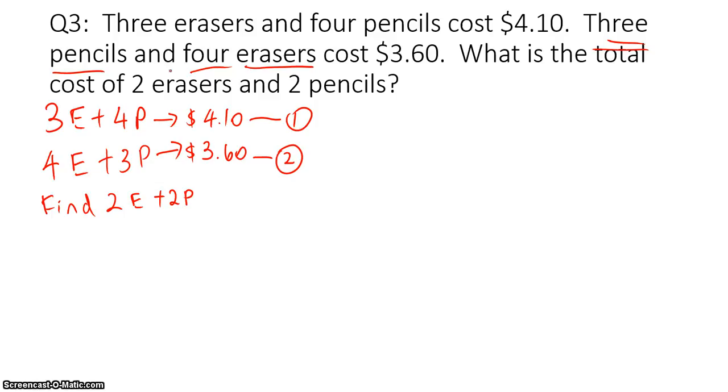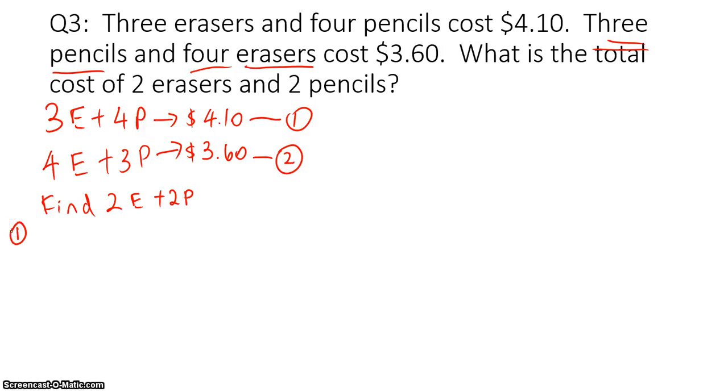So let us find one variable to get rid of. So let's say I want to get rid of my p, my pencils, and be left with e. So I have to make my number of pencils the same. Okay, so the lowest common multiple of 4 and 3 is 12. So let's see, 4p, first equation.